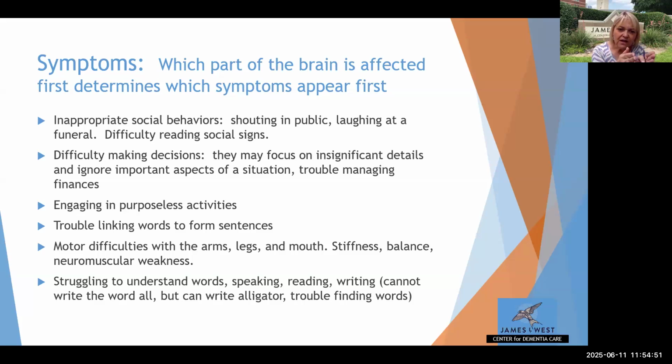They can get very hung up on small details and ignore great big aspects. They don't see the big picture. A lot of trouble managing finances. It's really common. In fact, a lot of times families will say that's the first place it showed up. They stopped paying bills or they were paying the same bill multiple times.